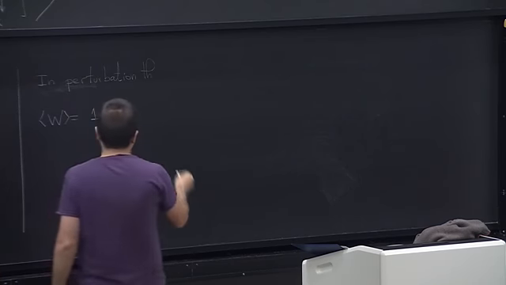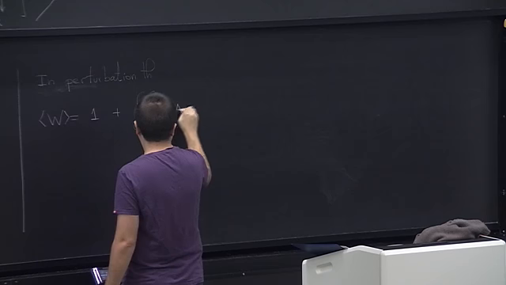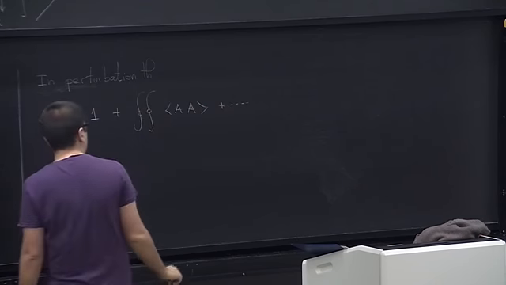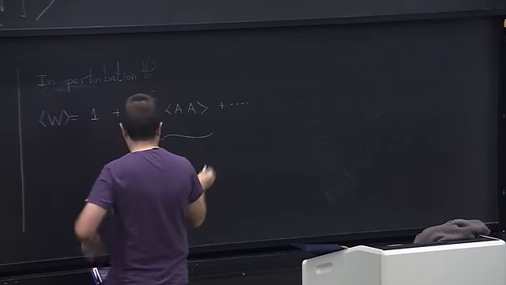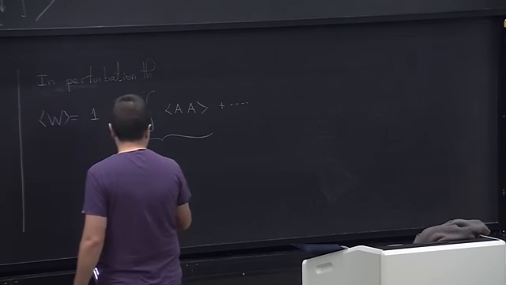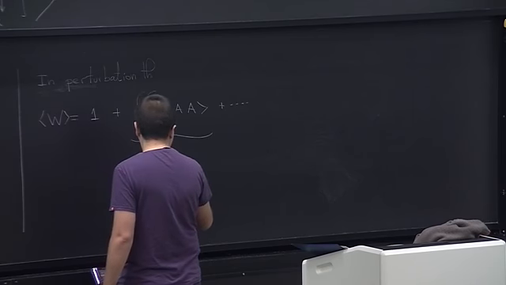So what we would get is a double integral of the expectation value of two gauge fields plus higher point functions, which, as you did carefully in the tutorial, gives the integral dt1 dt2.